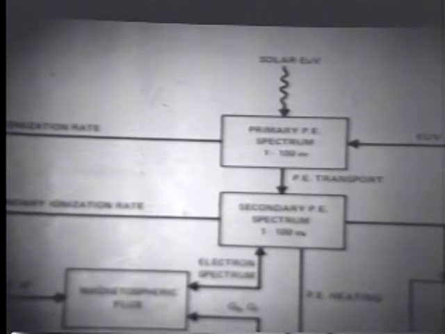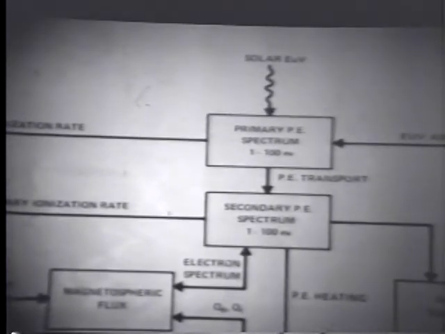Basically, I start with solar EUV flux measurements by Hinteregger. It creates a primary photoelectron spectra from 1 to 100 electron volts. The primary photoelectron spectra then goes into a photoelectron transport equation. Okay.